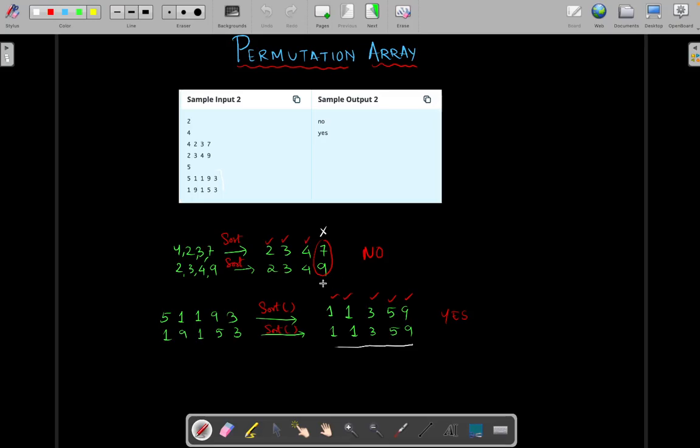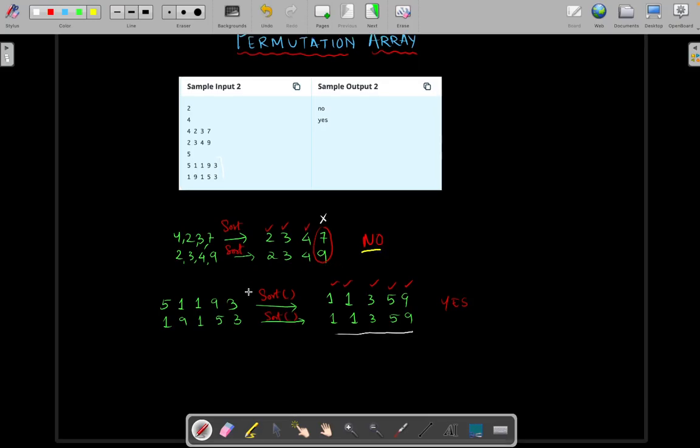That's the sufficient condition to show that both of them are permutations of each other. For example, here we just sort both the inputs, 2347 and 2349, and then we element-wise compare them, and we realize that the last elements are different, and that suffices to say these are not permutations of each other.